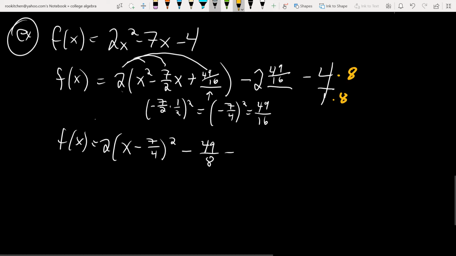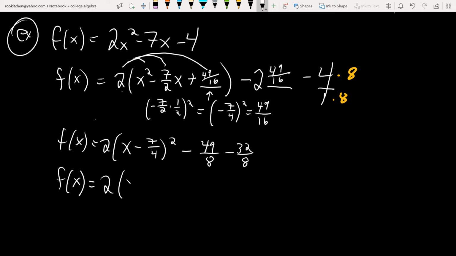So that's going to be minus 32 eighths. And so finally, f of x will be 2 times x minus 7 fourths squared minus 9, 10, 11, carry the 1, 7, 8, 81 eighths. It's a real mess.